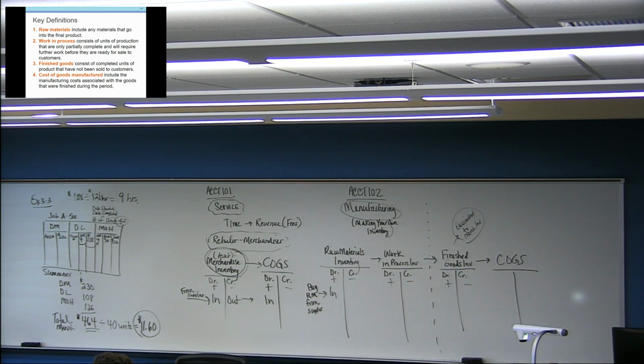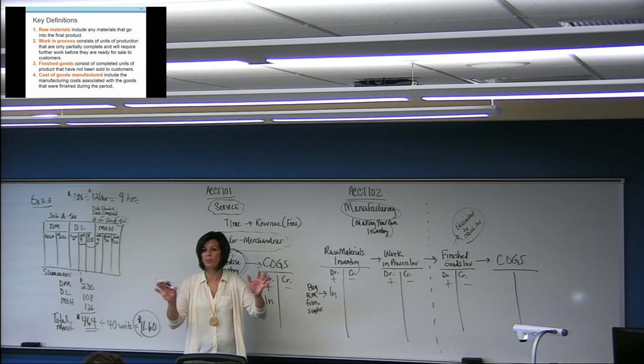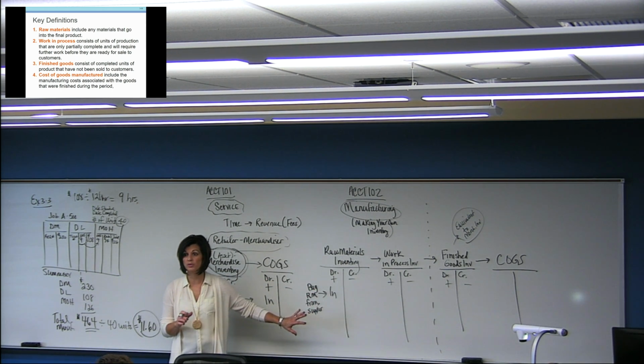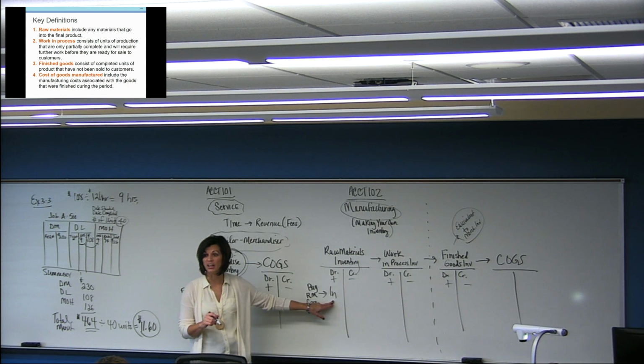A direct material is something that becomes an integral or an important part of the finished product. Indirect materials are necessary, but they might be harder to allocate, like glue or things like that, cleaning supplies, those types of things. But they're all necessary for the process. So raw materials can either be direct or indirect. We'll talk about separating them later. But when we buy them from a supplier, they come in here.